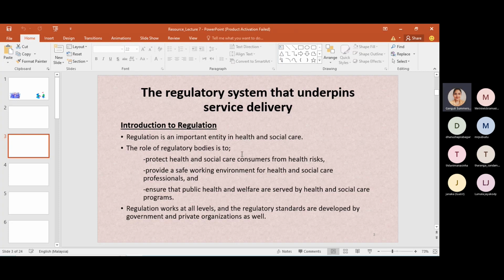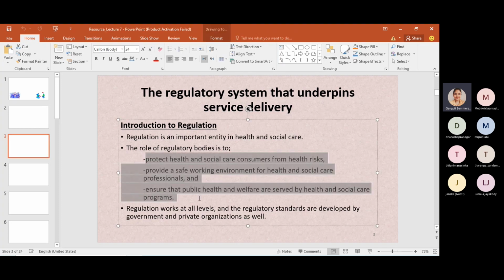All right, guys, now you know regulation is about checking whether the job is done properly. The people who check are called regulators or regulatory bodies. These are the roles of regulatory bodies.